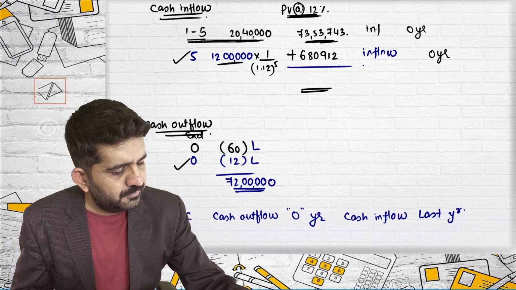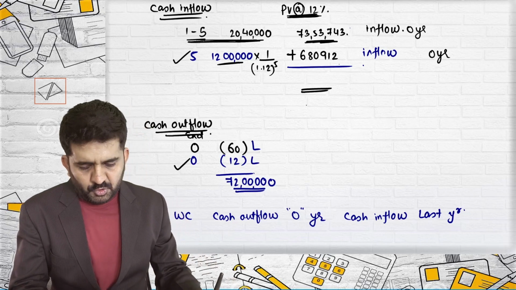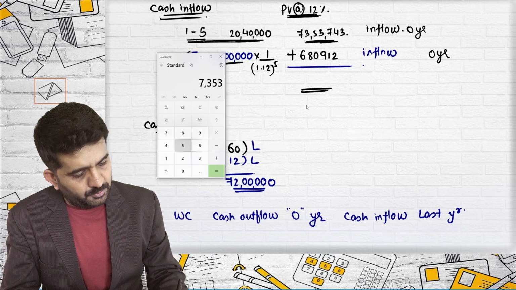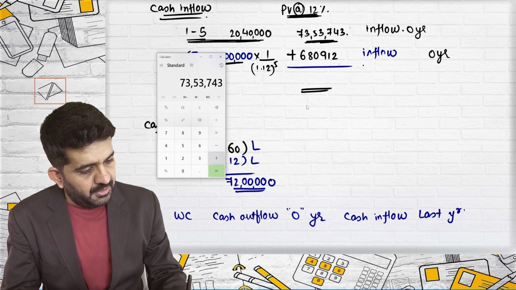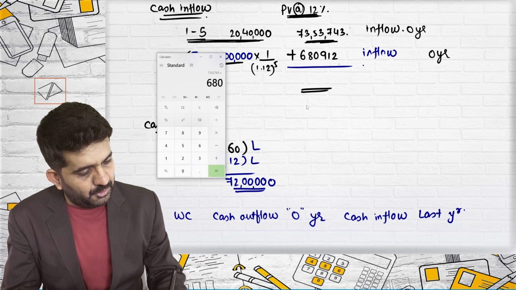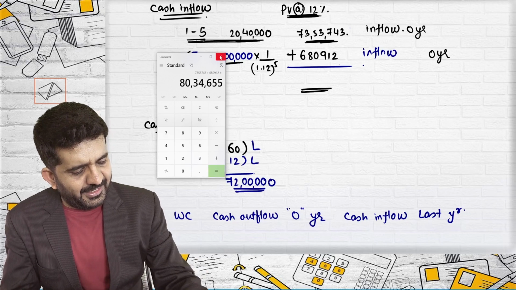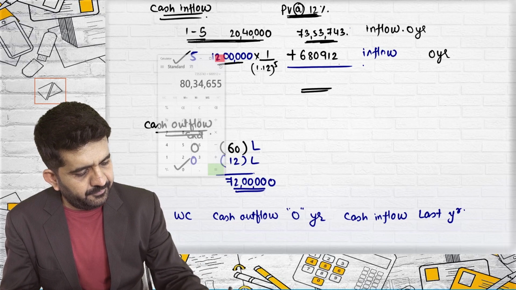This is inflow. So inflow plus inflow is 73,53,743 plus 6,80,912, which is 80,34,655.